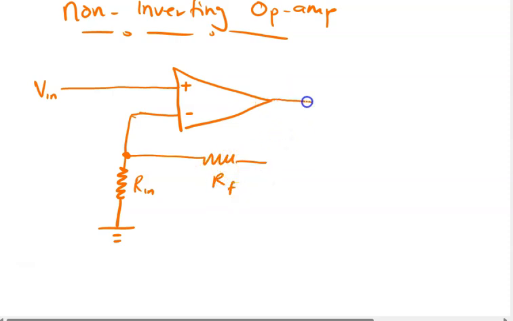And they are all having their way to the output, which is V naught. So the current flowing here is termed as IF. Then we also have a current flowing into the voltage. Are you okay?